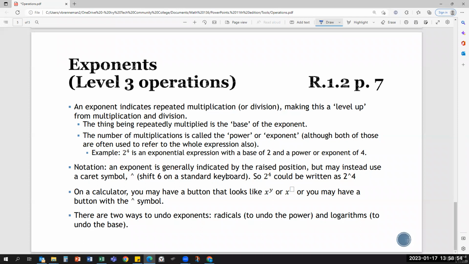Some calculators also will do the raised position as you're entering those exponents, some will not. So you want to pay attention to that. Undoing exponents can be done with radicals, which would undo the power, or with logarithms, which would undo the base. So those would be on the same level as exponents. So that's operations.